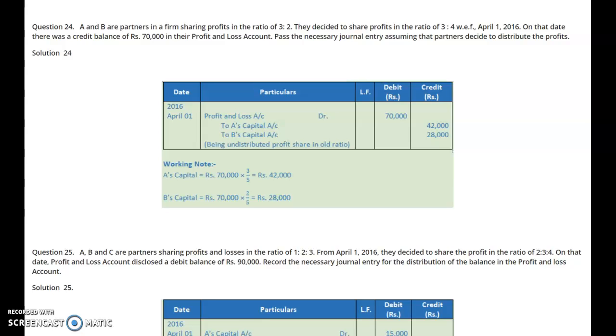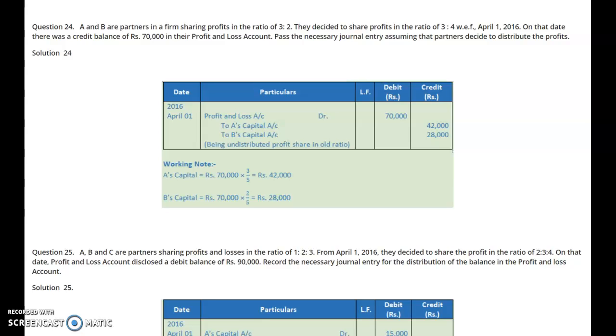For example, coming to this particular question, A and B share their old ratio 3:2, and their new ratio is 3:4. But come to the last line in this question: pass the necessary journal entry assuming that partners decide to distribute the profits. Now, if the partners have decided to distribute the profits or losses, in that case you do not have to calculate any gaining or sacrificing ratio.